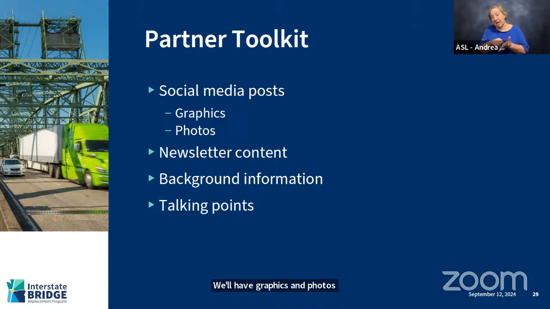If you or your organization sends out a regular newsletter, there'll be a blurb you can pull and add to your newsletter. There'll be some background information in case people don't understand the environmental process or want a little bit more information. And then we'll have some talking points too. If you're out there talking to people and you just want some high-level talking points about what it is and how people can participate, those will be available for you to use as well. Next slide.